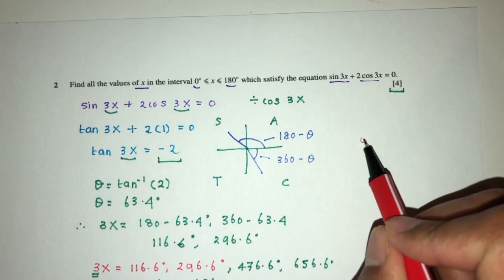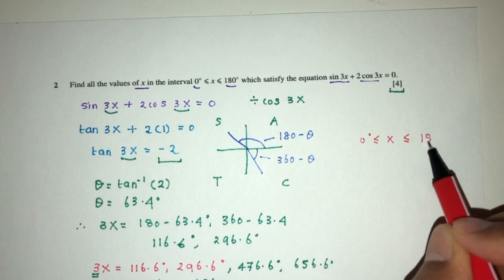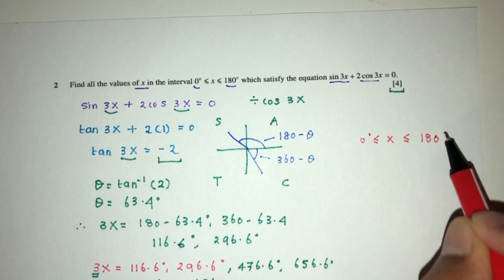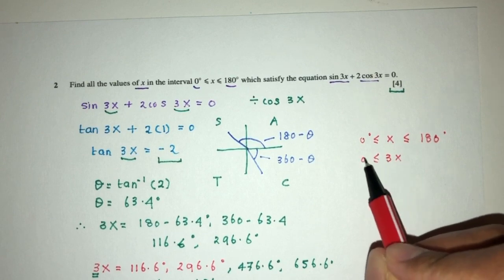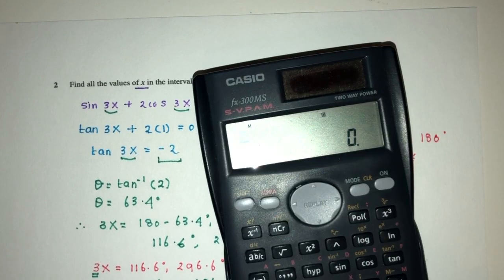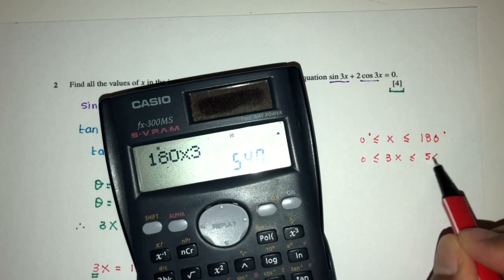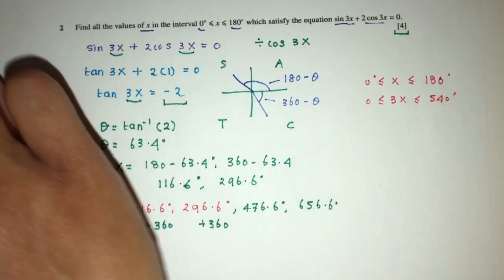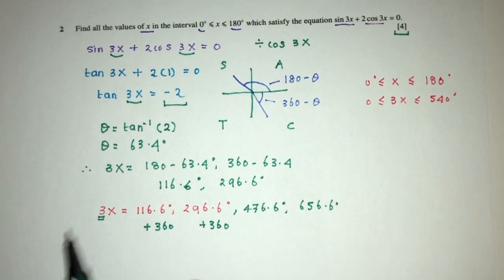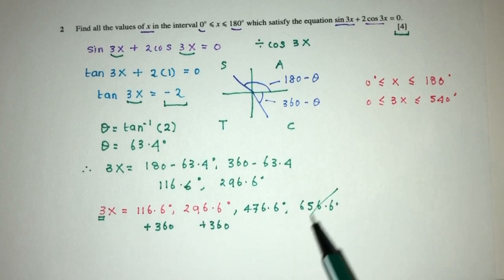We know x has to be between 0 and 180, but here we have 3x, so 3x has to be between 0 and 180 times 3, which is 540. Now we can already see which one is too much. This one is okay, but this is too much, so we don't need it.